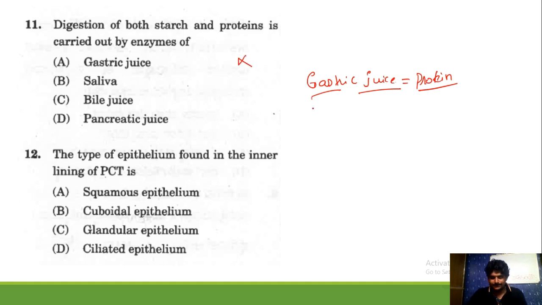Then comes saliva. Saliva is produced in the buccal cavity, and it only has the ability to dissolve starch and glycogen. Then comes the bile juice.